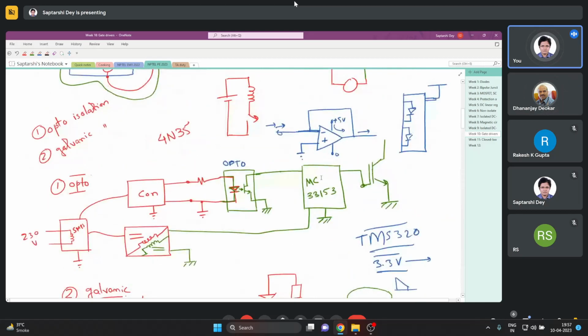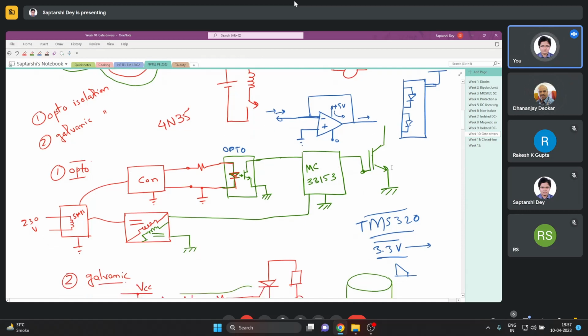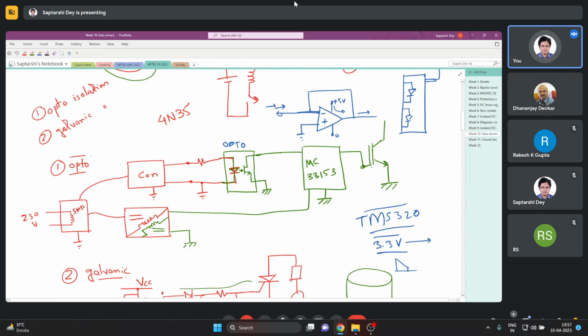This is an IGBT driver, so you do not have to worry about anything. Simply give it the power supply it requires, connect the switch outside and give it the pulse. It will do everything inside: DSAT protection, required power supply, sourcing current capability, sinking current capability. You need not worry about anything.